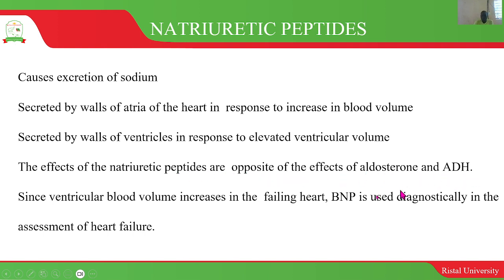So it's like a counteracting mechanism to ADH, to antidiuretic hormone. Since ventricular blood volume increases in the failing heart, beta natriuretic peptide is used diagnostically in the assessment of heart failure.